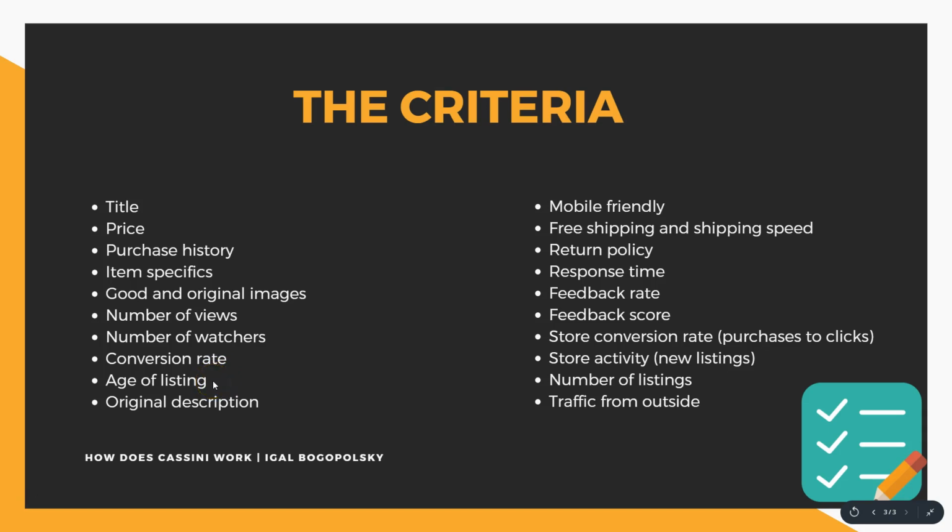Age of listing. We discussed it shortly before, but I'll mention it again and elaborate. eBay will rank you higher in the first 24 hours of the listing's existence. So when new listings get a boost, eBay does that because it wants to get a feel of what the reaction would be from buyers. So even if your listing naturally should be lower in the search results, it still wants to determine if it's a hot item, if it has potential.